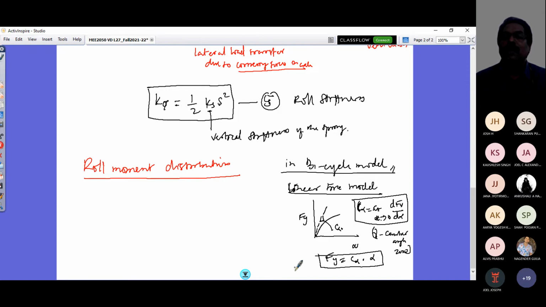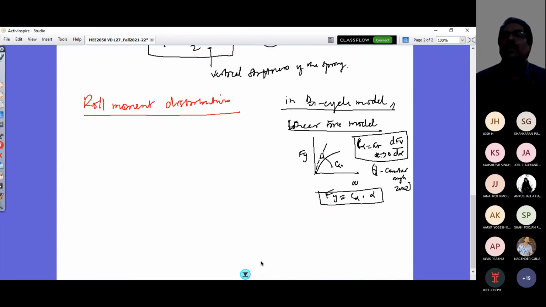But in real time, this Fy is a function of normal load, Fz. So how does it vary? Let us look at it.